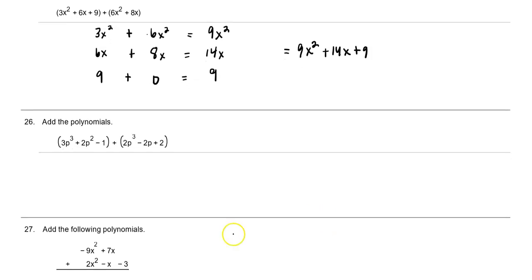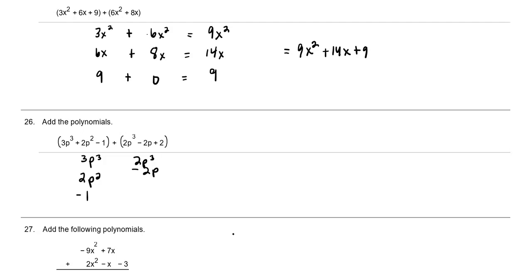So for the next one, I'm going to use the column method as well. I'll be lining up the 3p to the third, the positive 2p squared, and the negative 1 in the first column. And then I'll line up the like terms from the second polynomial here. 2p to the third lines up with the 3p to the third. The negative 2p does not have a like term, so it's not going to line up here with my 2p squared.